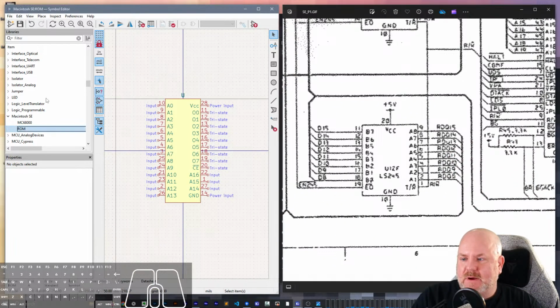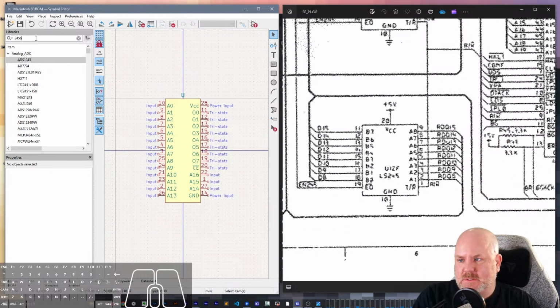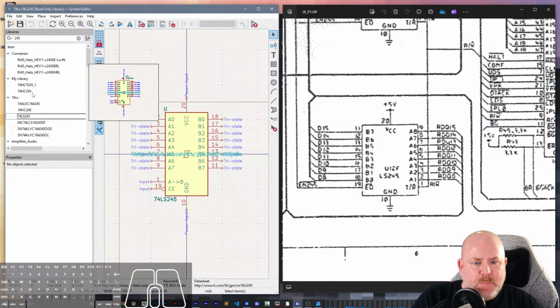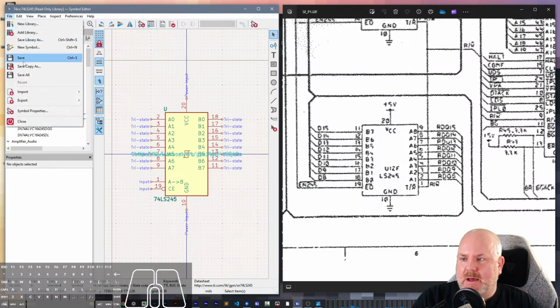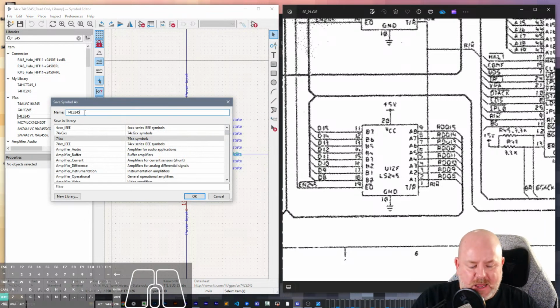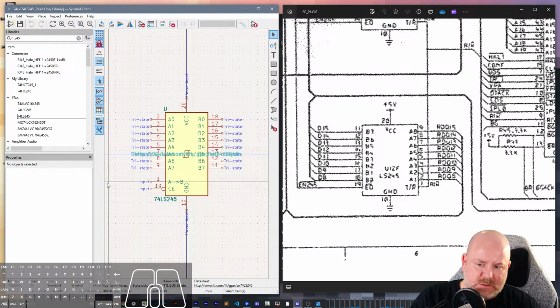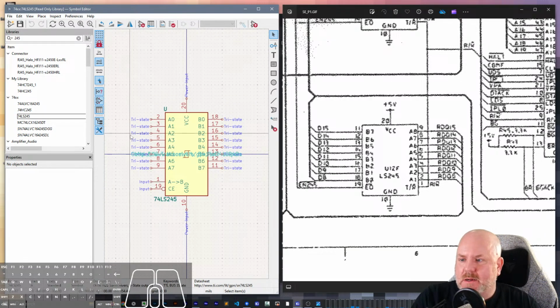Okay, so for the 245s, what I'm going to look for is, I know these are already in the library, but their pinouts rarely ever match the schematic. But at least what we can do is we'll just use this existing symbol and modify it. So what I'll do is I'll save copy as. I'm going to add an SE to the name just because it's a variant for this schematic.